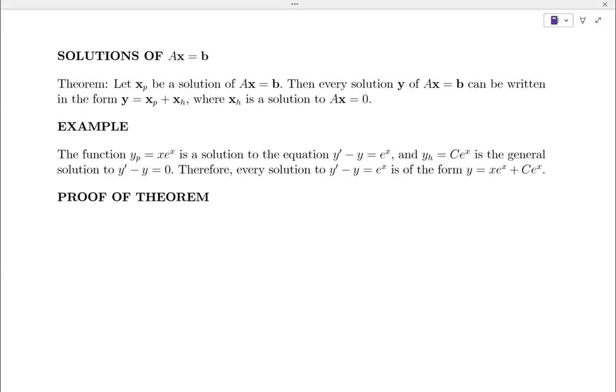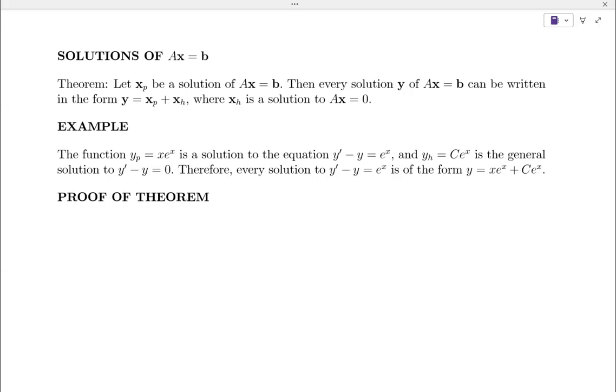We're just saying that we can always write every single solution this way. So if Ax equals b has infinitely many solutions, I can generate all of them by looking at one specific one and then the associated homogeneous solution, the general solution to that. I don't have to look for a general solution to the whole thing every single time. And that's exactly what we're doing with differential equations.